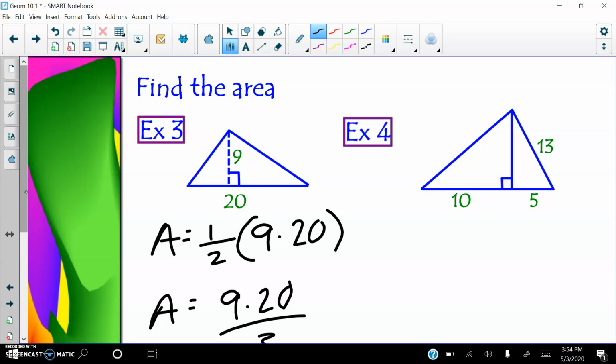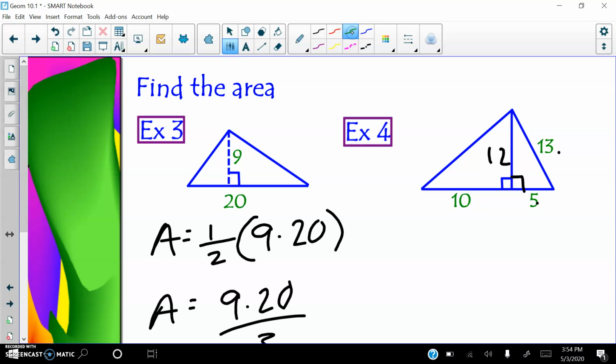All right. I'm going to show you 2 ways you can do this one. This is 5, this is 13. Hey, it's a right triangle. That's got to be 12, Pythagorean triple. So one way that you can do this is you can do it triangle by triangle or all together.